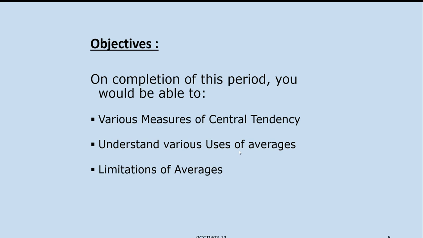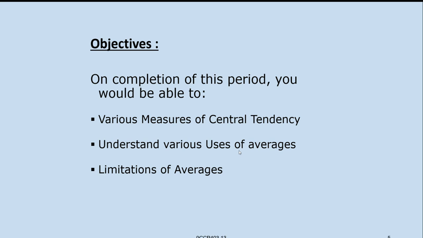What are the uses of averages? What are the limitations of averages? And then we will move on to arithmetic mean, geometric mean, and harmonic mean in the second unit. And in the third unit, we will be looking into the mean, median, mode, etc. So we will start with the new lesson in the second unit, that is about the averages.